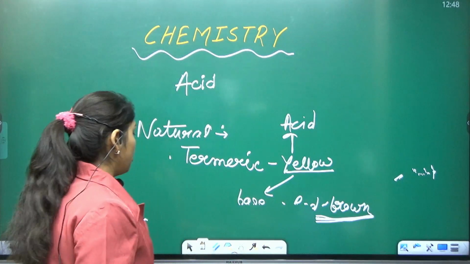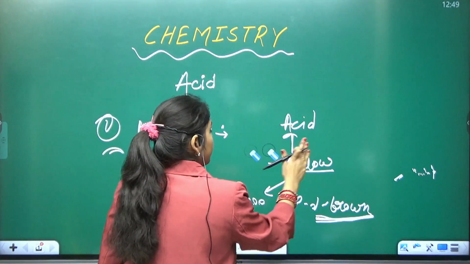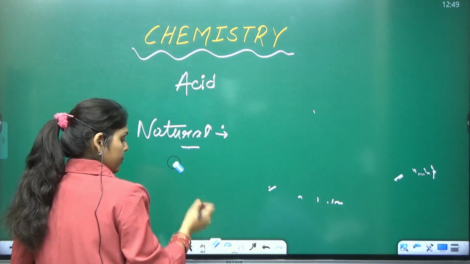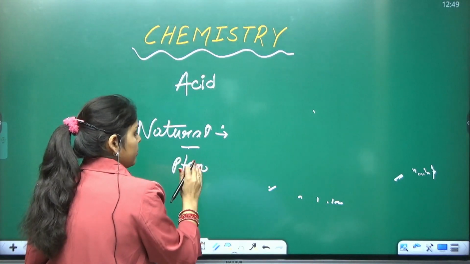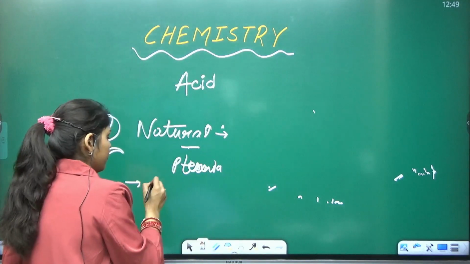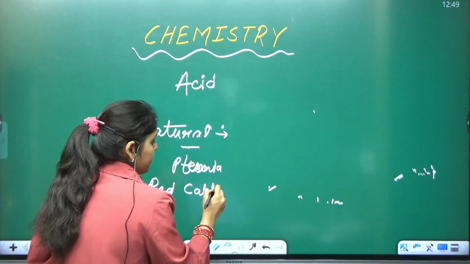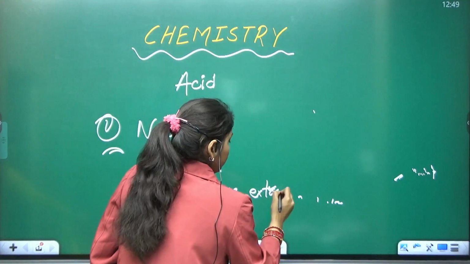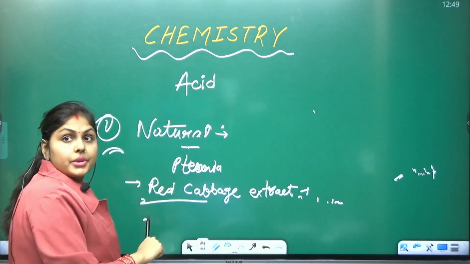Next natural indicators are some petals of flowers, such as petunia and others. And one is red cabbage extract, which is obtained from the red cabbage itself.